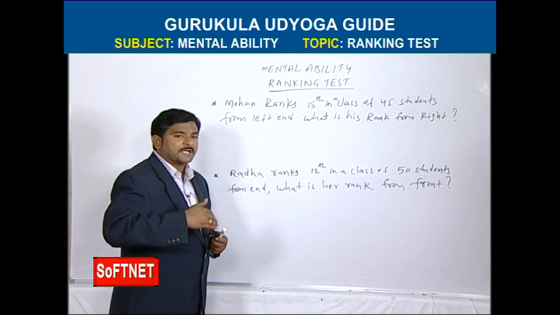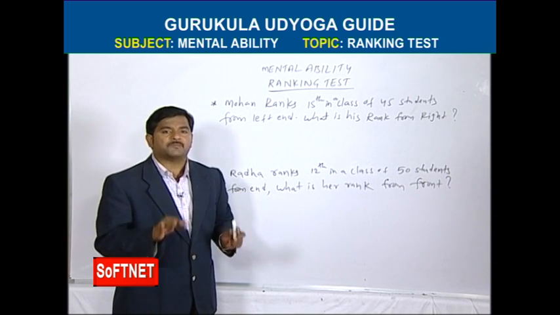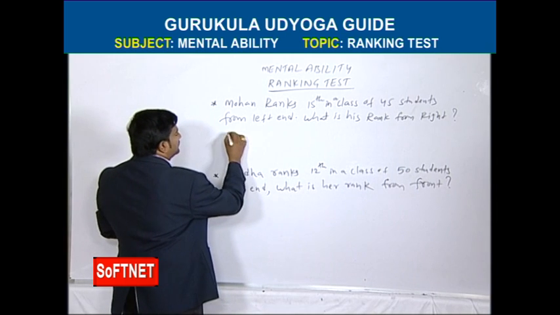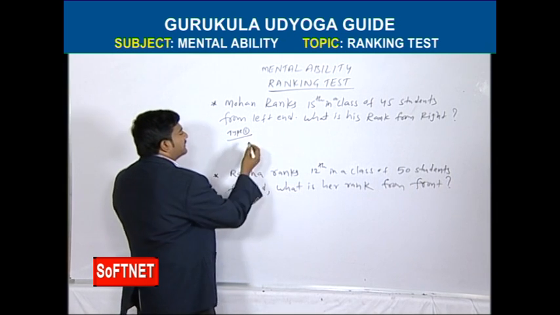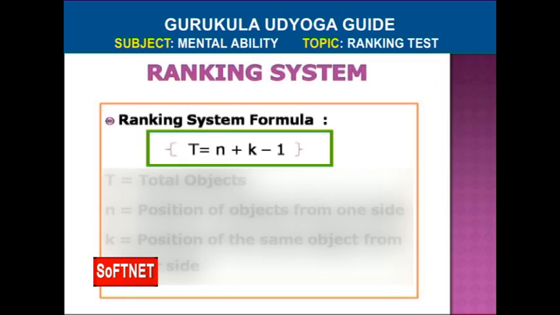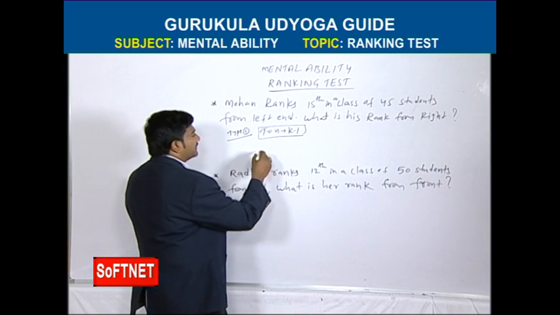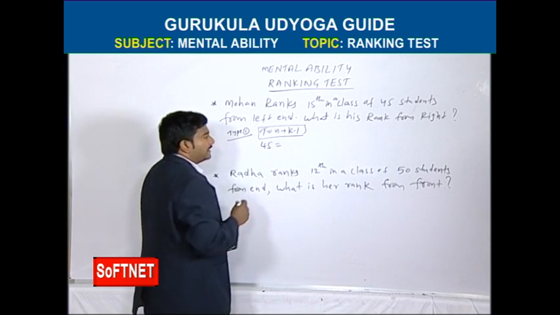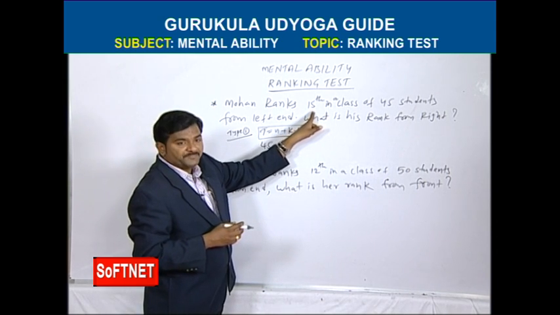We will discuss type 1 and type 2. Type 1 is by using the formula, type 2 is without using any formula. For this first question we will discuss both models. Type 1 is very clear: T is equal to n plus k minus 1. T stands for total, 45 objects, meaning 45 students in the class. N is his rank from one end, 15.